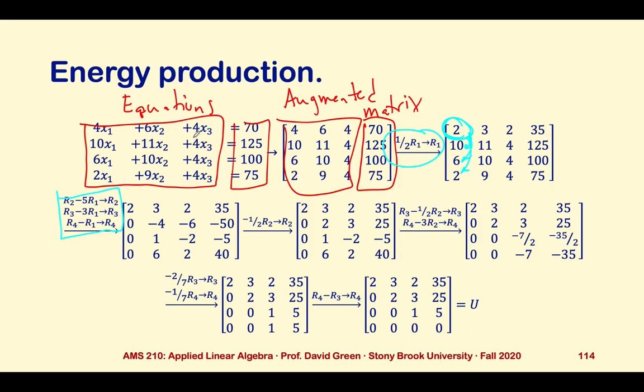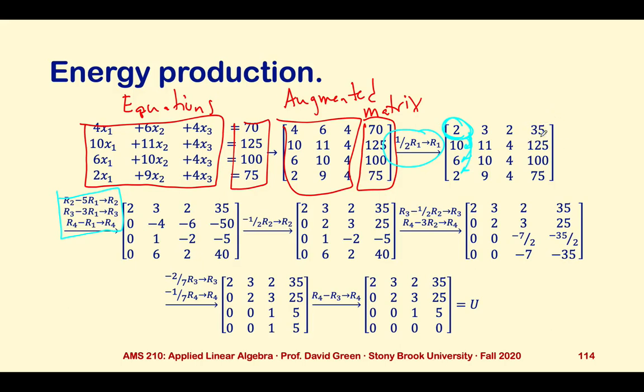Right? Going through that, let's start with the second row. We want to subtract 5 times the first row from the second. 10 minus 10 is 0. 11 minus 15 is negative 4. 4 minus 10 is negative 6. And 125 minus 5 times 35. 5 times 35 is 175.